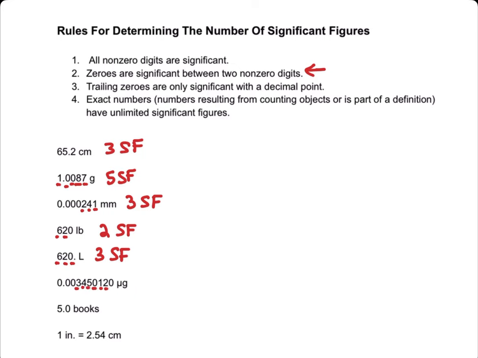And trailing zeros only count as significant if there's a decimal point in the measurement. Since we have a decimal point, this zero counts. So we have a total of 7 significant figures.